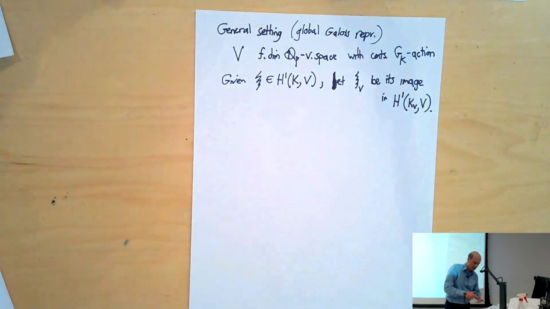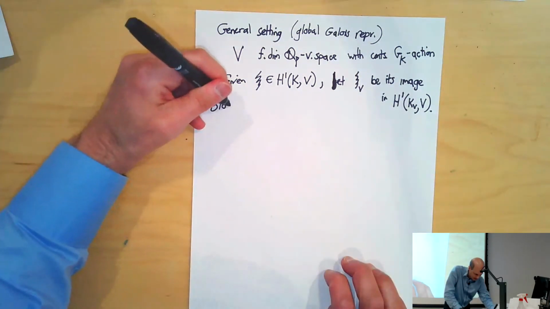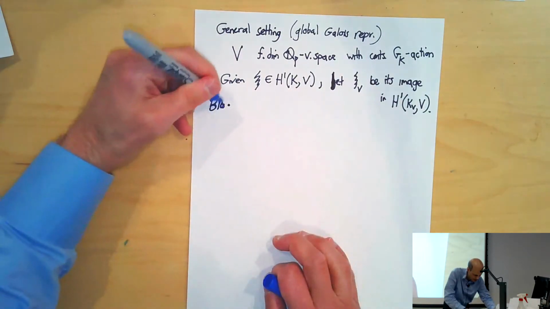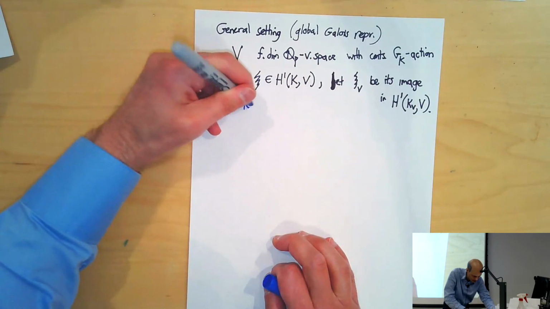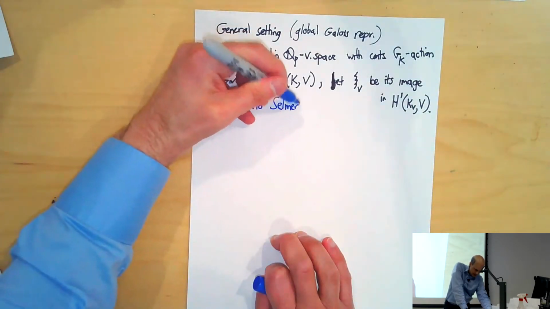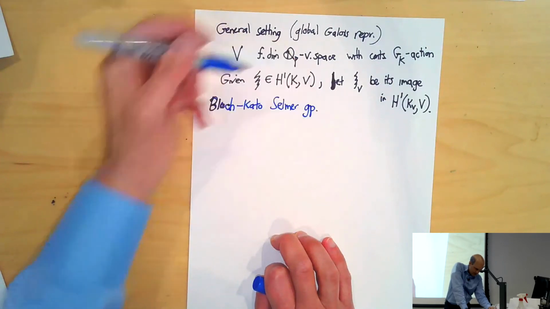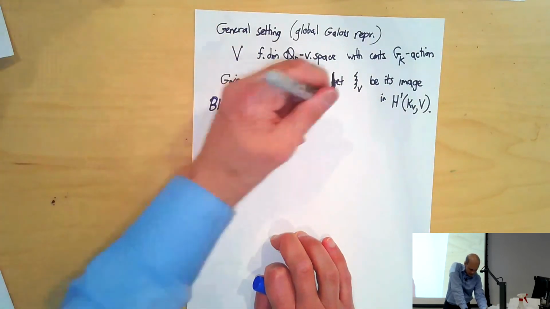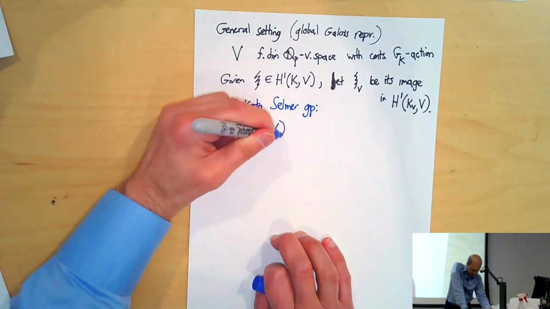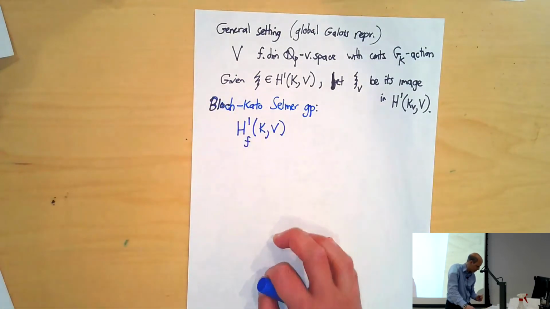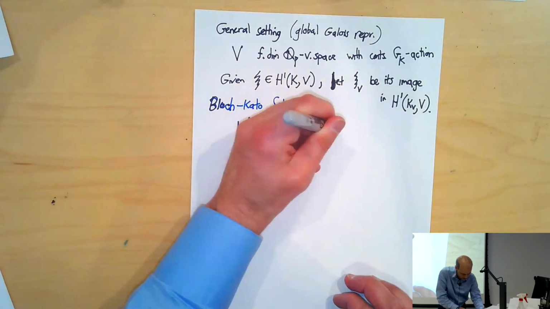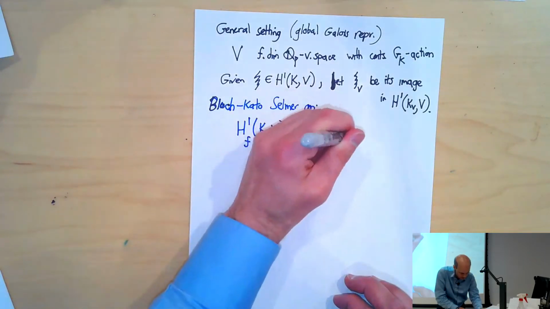Okay, so then you can define, maybe use blue again, the Bloch-Kato Selmer group of this V is this. Its notation will be this, and then you have the Selmer condition, which is denoted by this F, and it's just the set of global cohomology classes that satisfy all the local conditions.